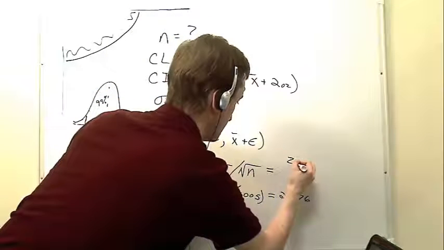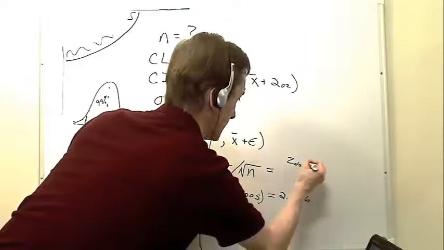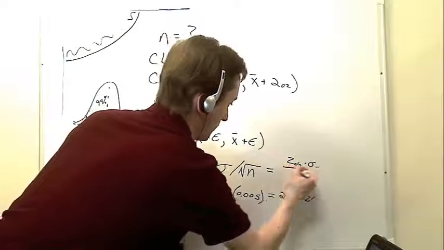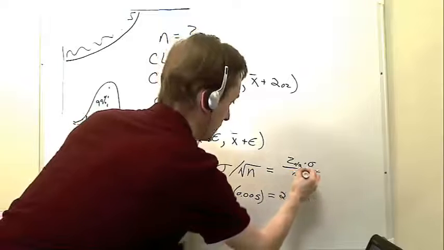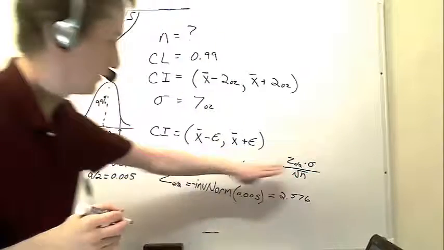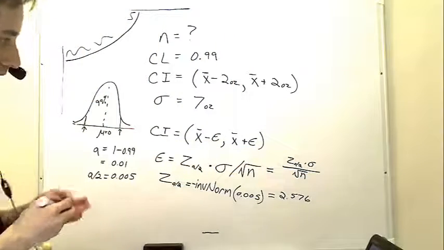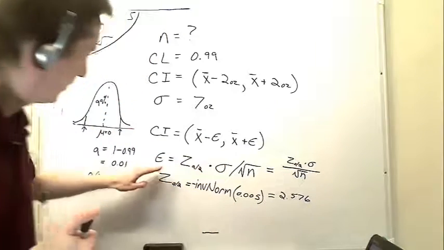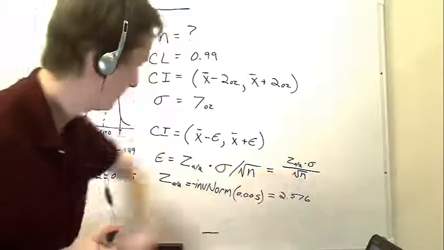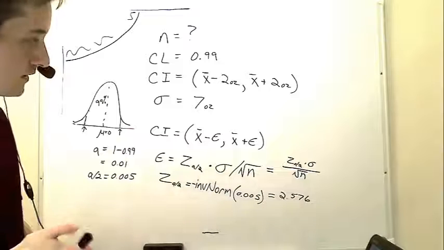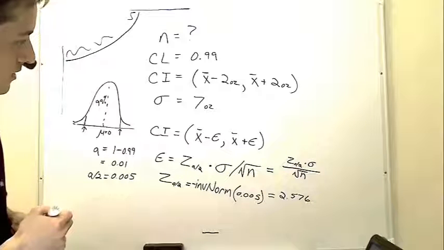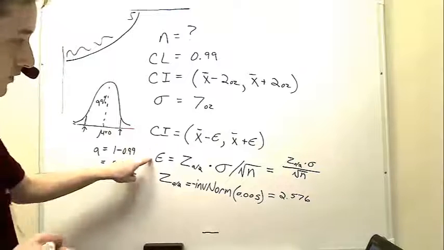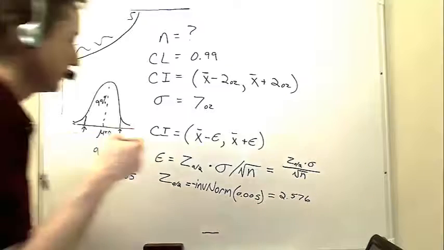We got z sub a over 2 times sigma, and we're going to divide that whole thing by the square root of n. So this is the same thing as that. And when you're dividing by a variable, and that's the variable you want to find, all you have to do is take the numerator and divide it by what's on the other side of the equal sign.